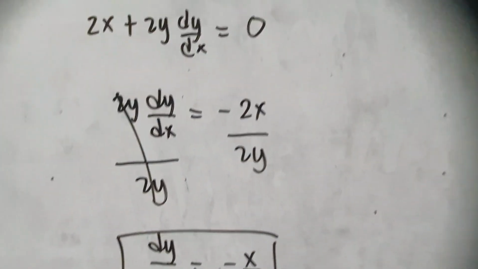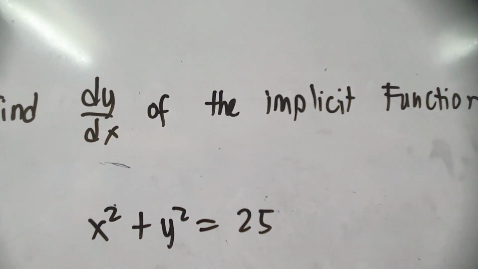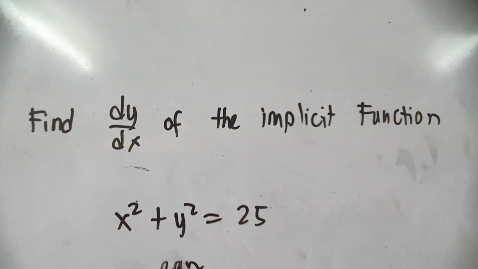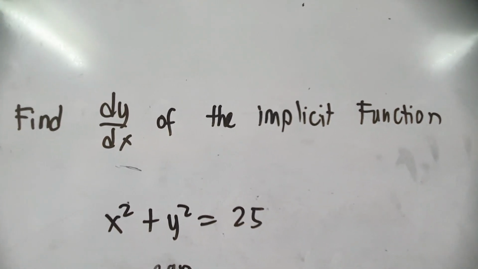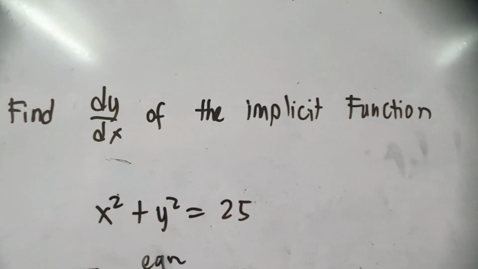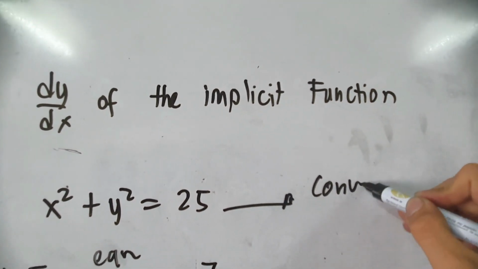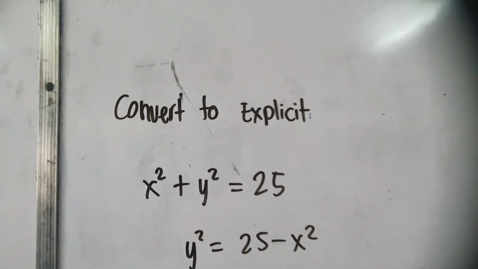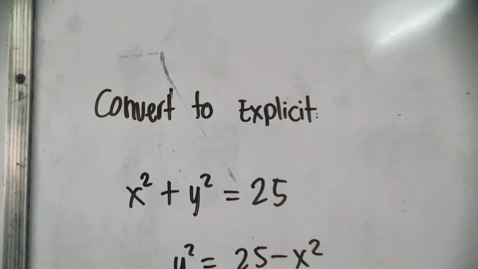But if you're going to ask, is it really the same if you solve it using implicit differentiation rather than explicit form? If you happen to convert this one into explicit, since you can easily convert this one, okay, so we convert to explicit. x squared plus y squared equals 25.